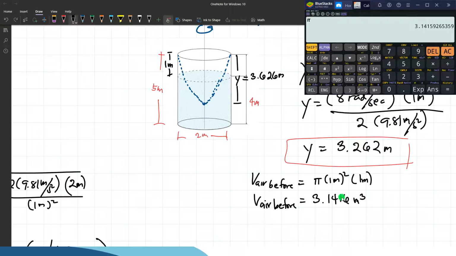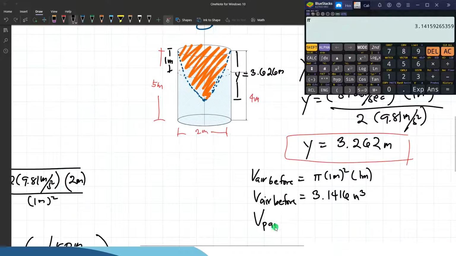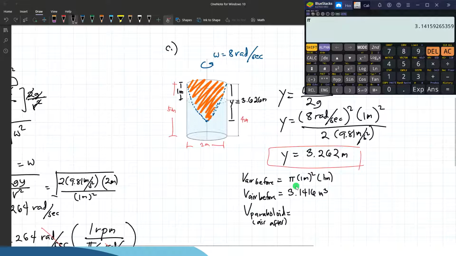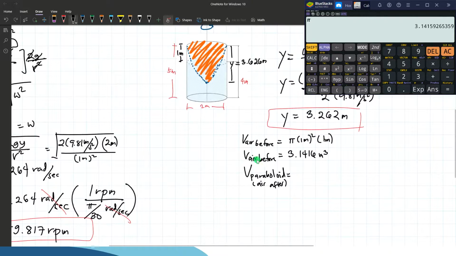How about the volume after it is rotated? This will be the volume of the paraboloid, which is also the volume of air after it is rotated. We can use the formula one half pi r squared h.